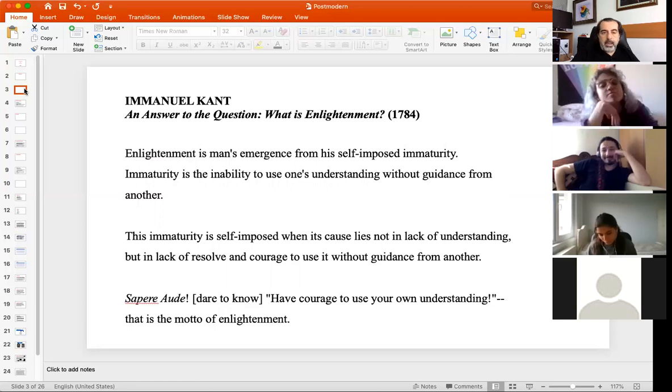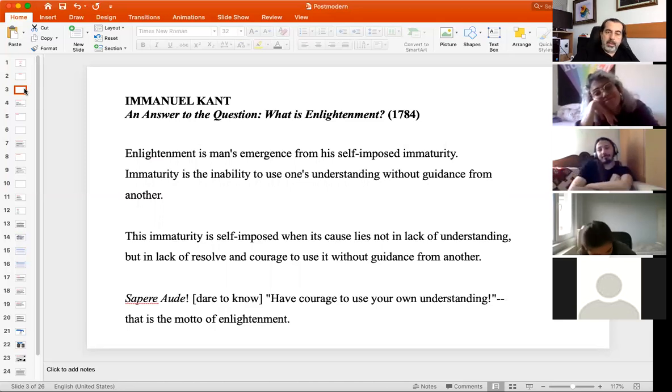maybe before that, one of the best definitions of enlightenment was given by Immanuel Kant himself in his answer to the question, what is enlightenment? This was for a newspaper at that time, 1784. He says, enlightenment is man's emergence from his self-imposed immaturity.